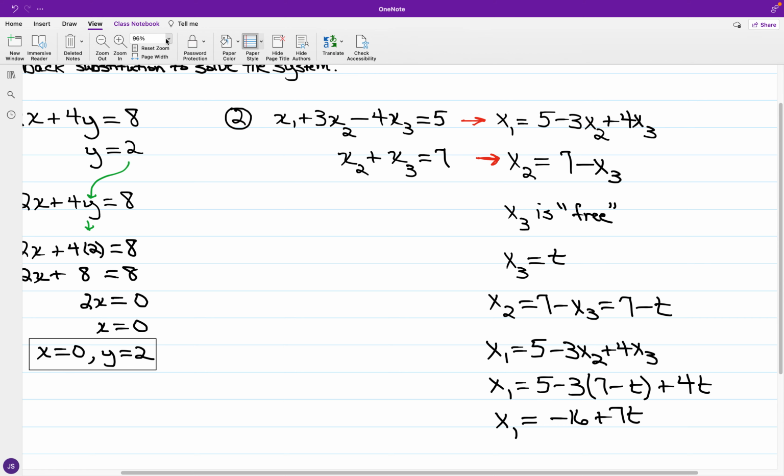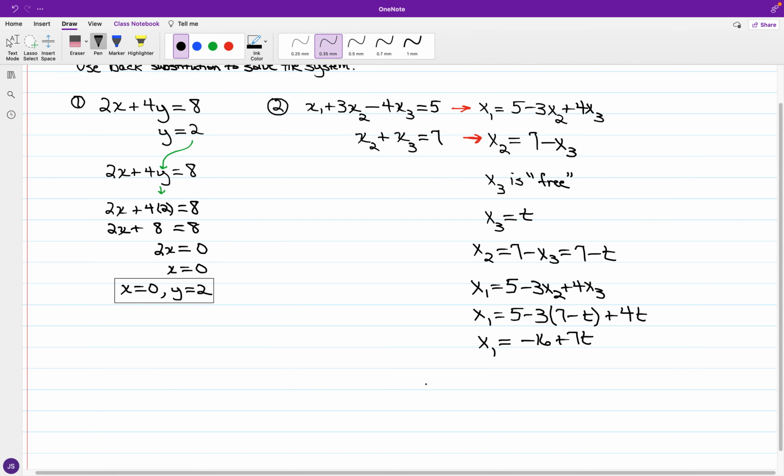And so for this particular set, in parametric terms, x of 1 is equal to negative 16 plus 7t, x of 2 is equal to 7 minus t, and x of 3 is equal to t.